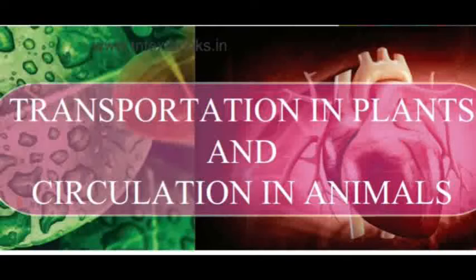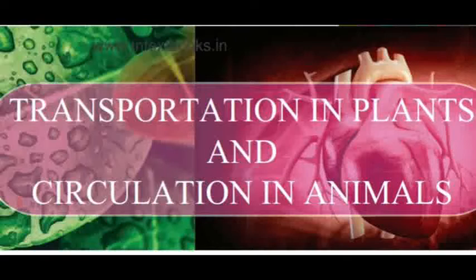Both of them are separated by a partition, called interauricular septum and interventricular septum. The septum between the 2 auricles is said to be interatrial septum. The partition between 2 ventricles is known as interventricular septum.